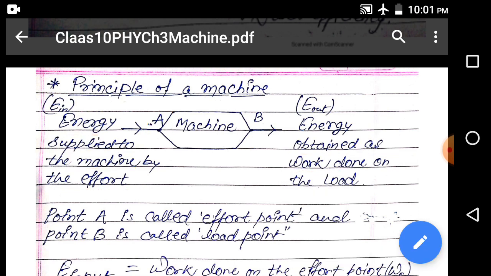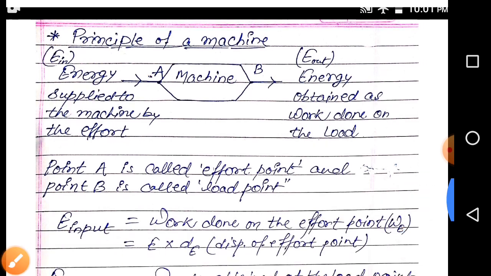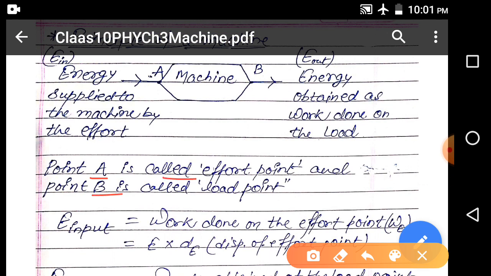So here we have 2 points, A and B. Point A is called the effort point, where energy is supplied to the machine, and point B is called the load point, from where the machine supplies the energy to do the work on the load.